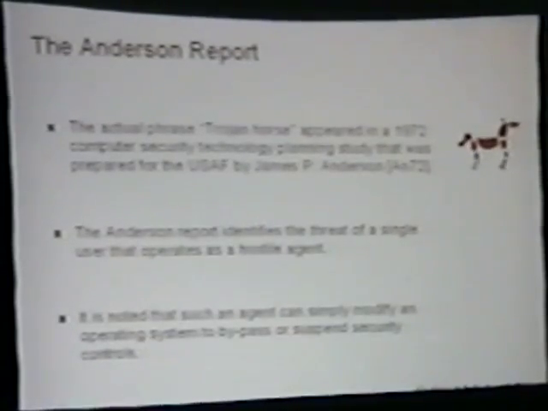In this report, Anderson identifies the threat of a single agent that operates in a hostile fashion against the organization or agency. It's noted that such a malicious person can simply install software that bypasses or suspends existing security controls in the system. So the notion of a Trojan horse with respect to computer subversion is older than I am.